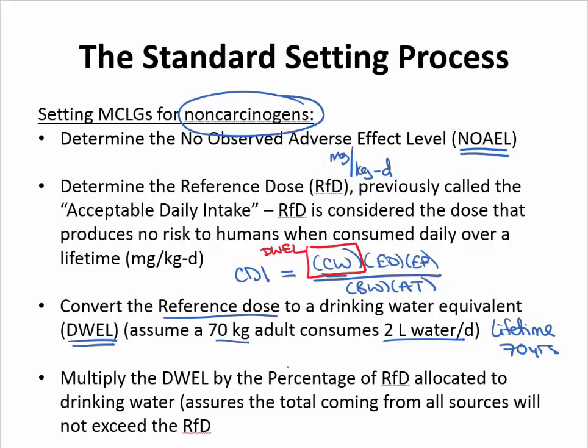Now the reference dose is based on all exposure pathways, and so this concentration must be scaled for just the exposure taken up in drinking water. So the DWEL is multiplied by the percentage of that dose associated with drinking water. In this way, the EPA can determine a concentration in which no adverse effect should be incurred by the population.